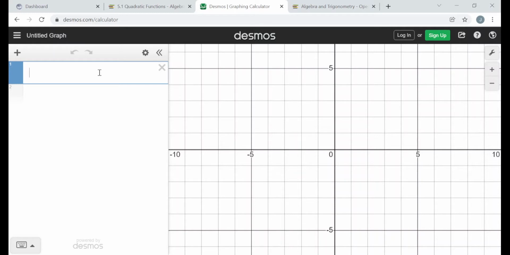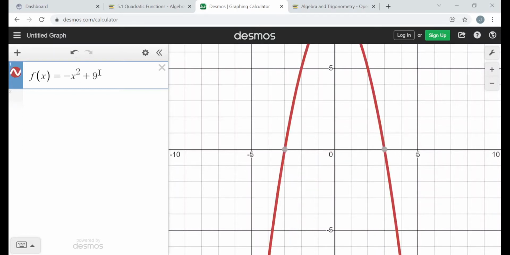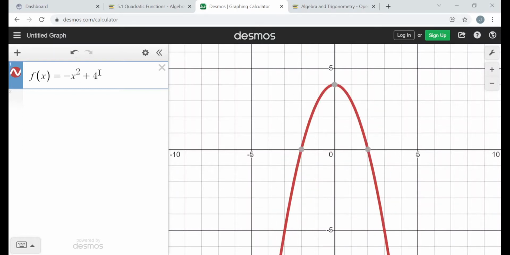I'm just going to put in a quadratic function that opens down. So negative x squared, it has to have a negative lead coefficient, plus 4. So you can see the whole thing right here. You see the y-intercept (0, 4), and that's also the vertex.